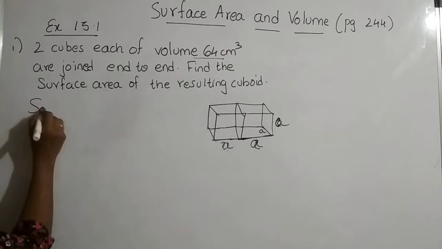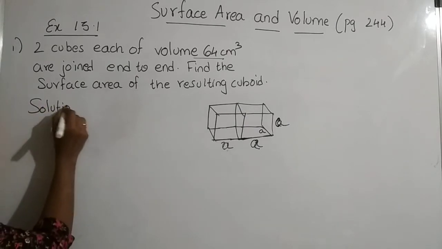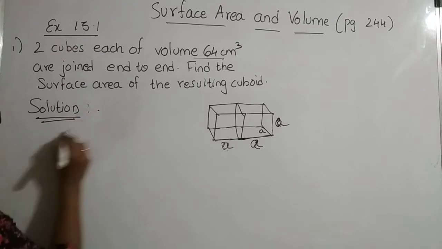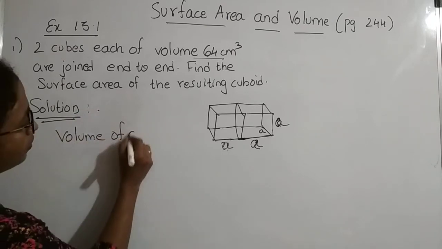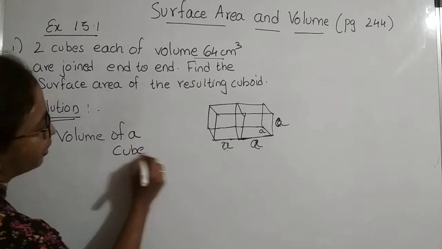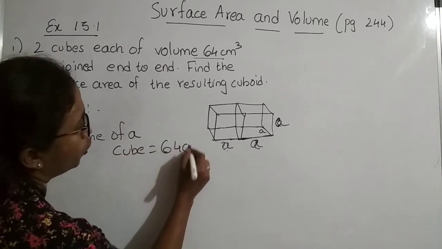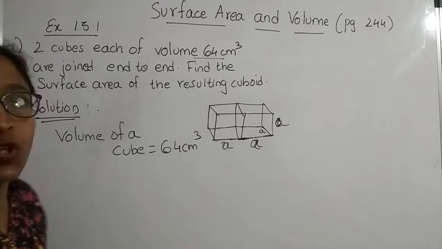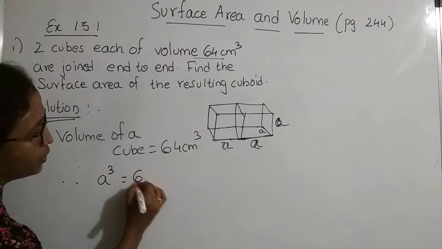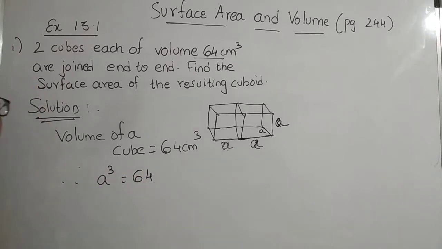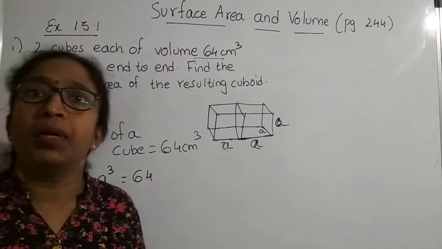So here's the solution. First we will find the side of the cube. The volume of a cube is given as 64 centimeter cube. And what is the formula for the volume of a cube? Side cube. Therefore, A cube equals 64. Now we all know that the cube root of 64 is nothing but 4.